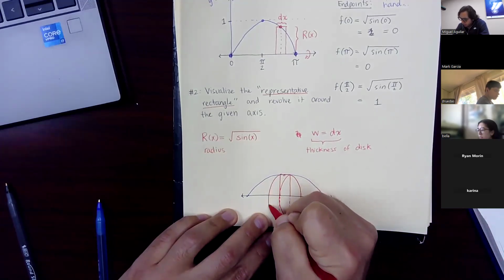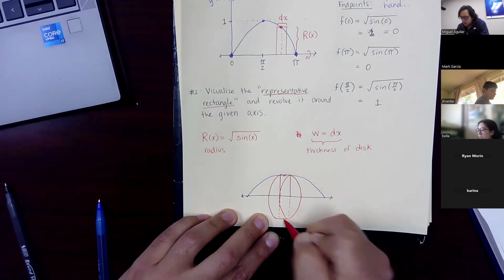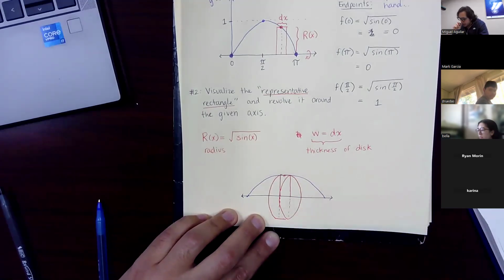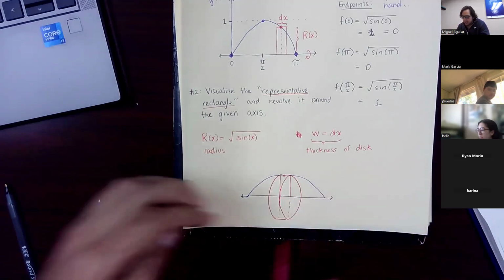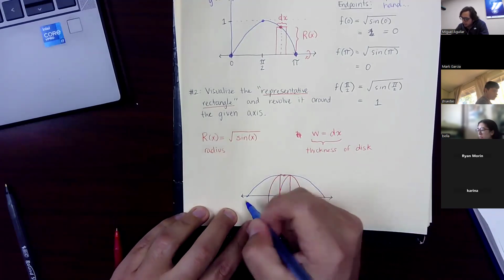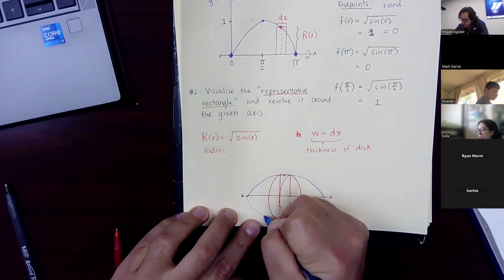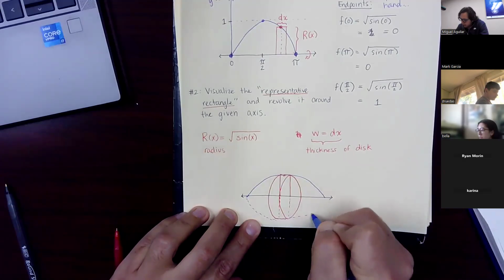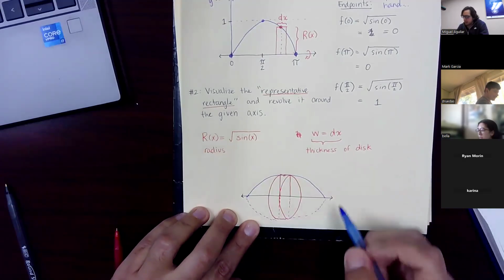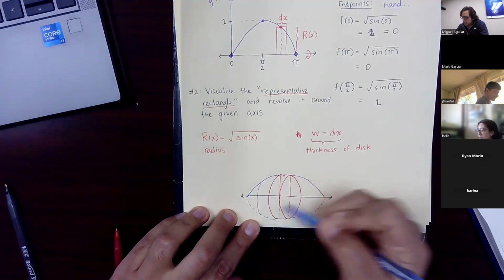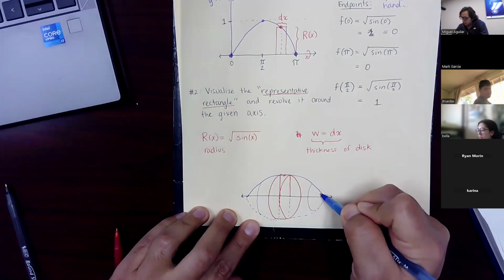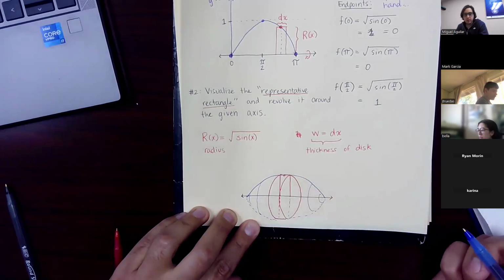So we get this wheel of cheese or this disc. And that is going to permeate through the entirety of the area of this function, such that we're getting this football shaped thing. Okay.